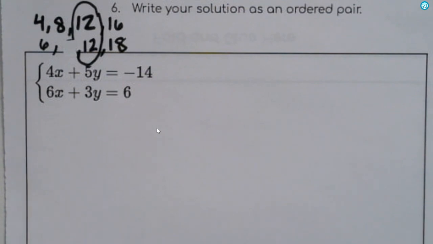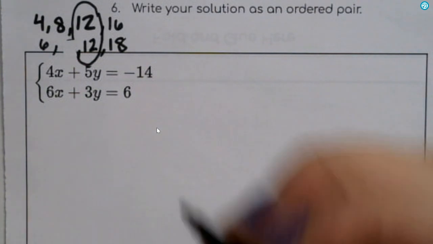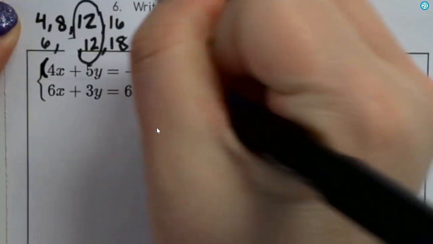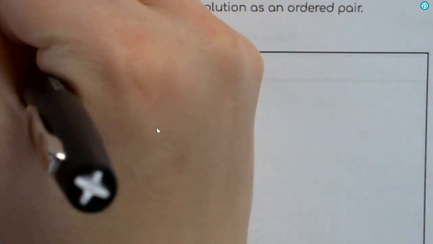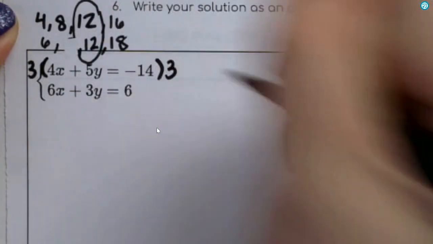Okay. Then we could also cancel out our y's, but we have to choose, and we're choosing to cancel out our x's in this one. So we are going to cancel out our x's by turning them into 12x and negative 12x. So to turn the top one into 12x, I'm going to have to multiply by 3. So I'm going to multiply my top equation by 3.